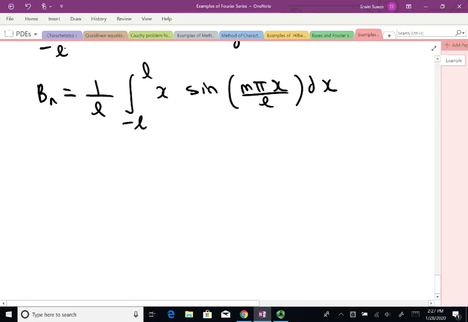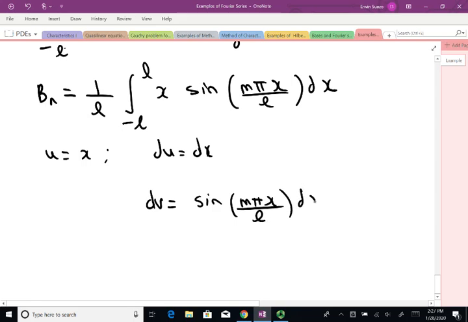So we do integration by parts. So we do u equals x, du equals dx, then dv equals sine n pi x over L dx, and then v will be cosine n pi x over L, and then the derivative of cosine is minus sine, so it's with minus, and then I had to divide by L over n pi.